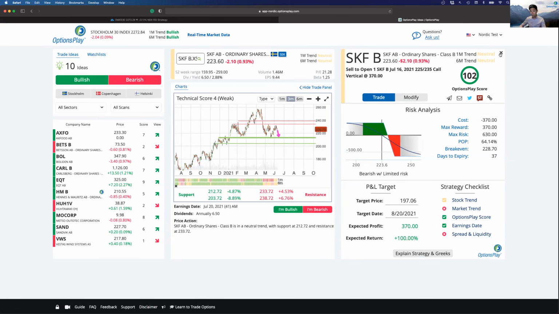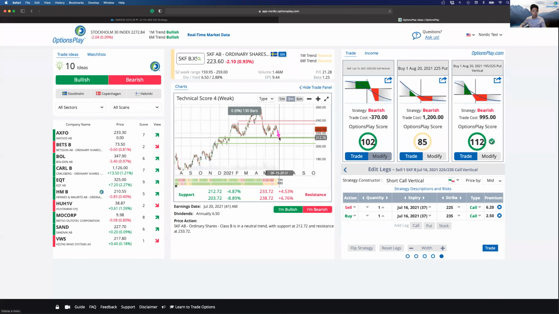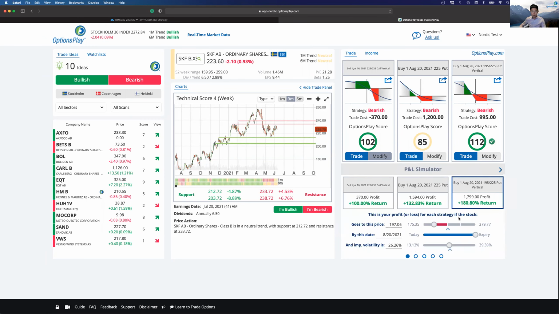And then if I'm more aggressive, if I really feel that this stock is going to fall apart, that this is going to break below down to maybe 201 or so, that's really where a debit spread is very suitable, because a debit spread gives you very clear potential. I said 201, right? So 201, as you can see, I make a 141% return, risking 995.